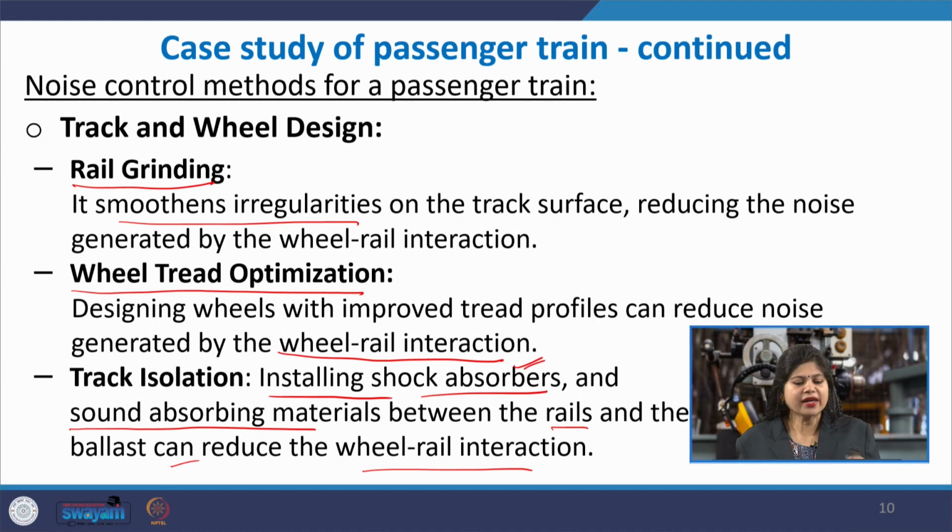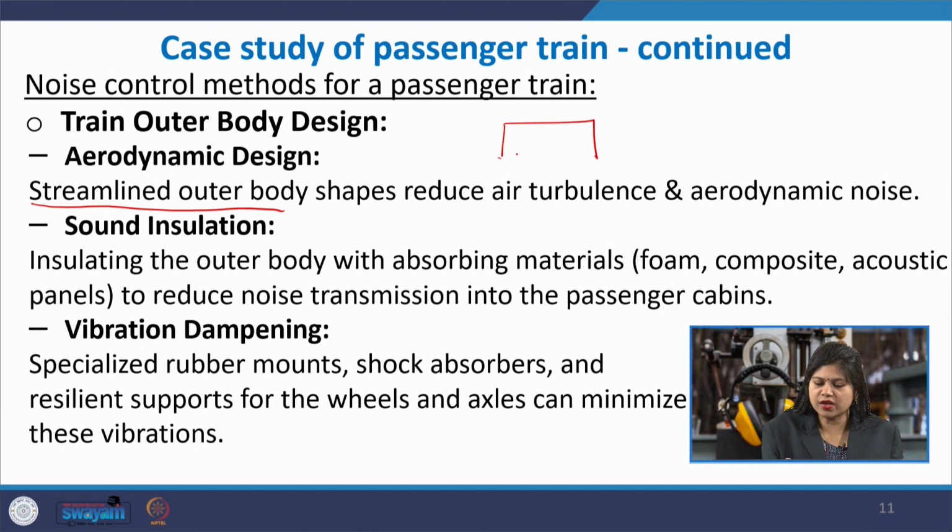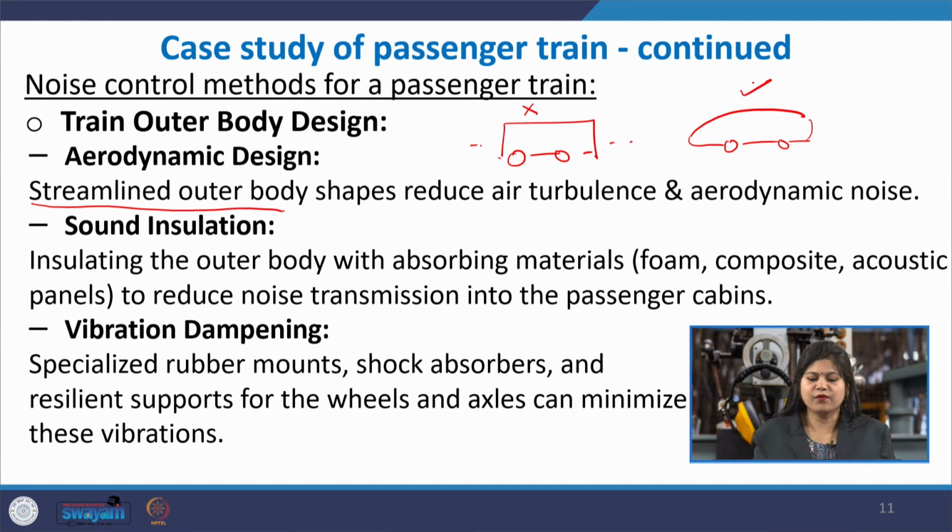Then to control the aerodynamic noise, obviously the train's outer body design plays an important role. Just like track and wheel design is used to reduce the various components of wheel rail interaction noise, if the train's outer body is designed properly, first of all the aerodynamic noise can be controlled by using a more streamlined design. So instead of having a train engine like this, we can have a more streamlined design like this, where there is no abrupt change in the airflow over the train's body.